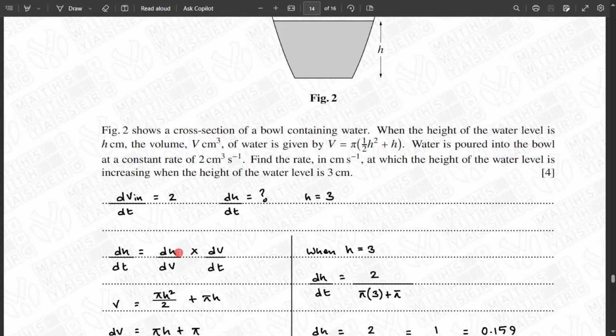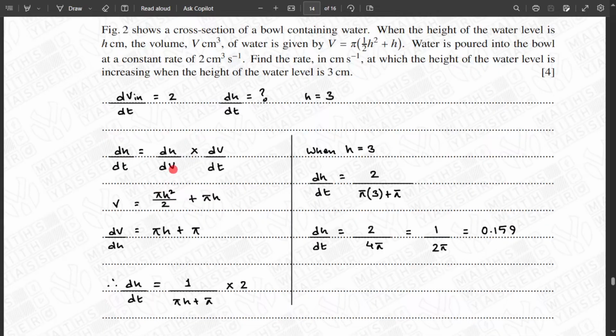So dh by dt should be dh by dV into dV by dt. But first, we need to find how we can get dh by dV.